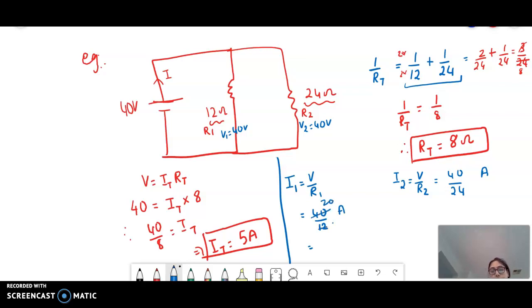So 20 over 6, and so on. You can find I2 as well. So I've done the calculations for finding equivalent resistance in a parallel circuit, finding the total current, finding the individual currents. And that's pretty much it that you need to know for parallel circuits.